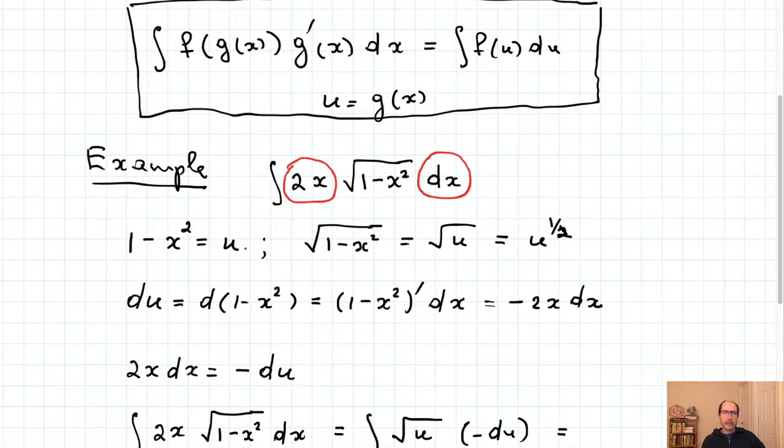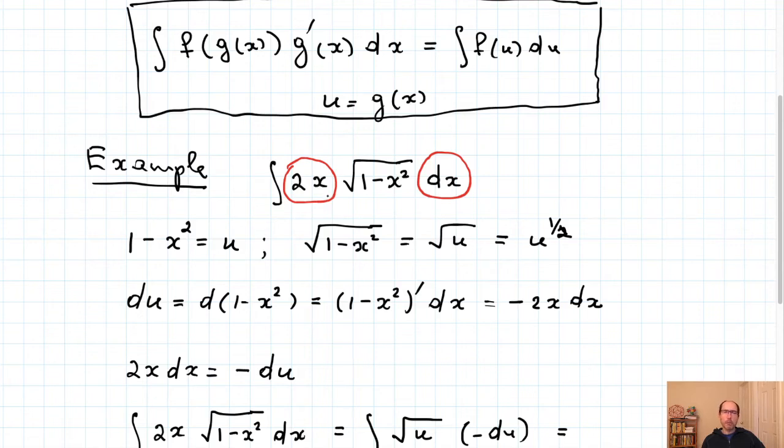But what's really allowing us to make that substitution and simplify the integral is the fact that the derivative of 1 minus x squared also appears in our integral.